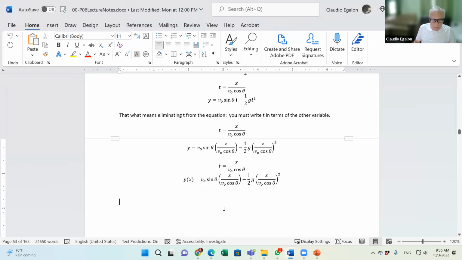Let's continue writing it. Here we go. This v0 is going to cancel out with the other v0 in the parentheses.